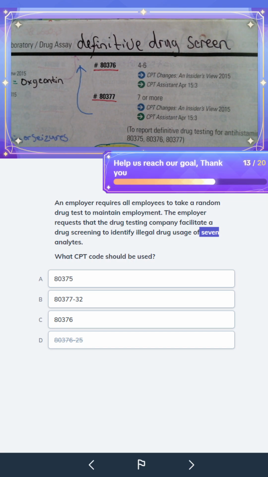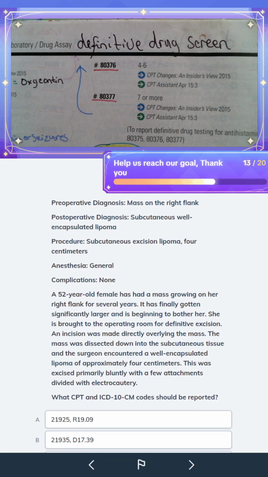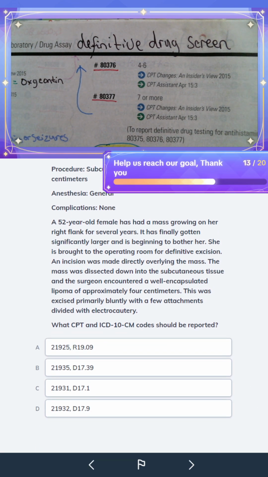I recommend getting 2 certifications if you want to stand above everybody else in the employment line. Correct, good job, guys. Get your CPC, but back it up with a CRC, a CCS, or a CPMA.